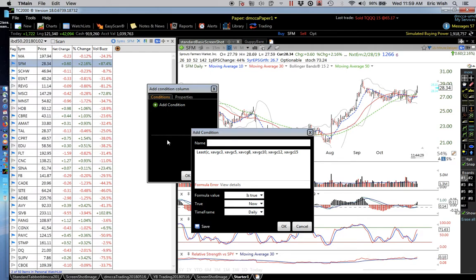Okay, so those are all different values, and we want the least of those values, the smallest of those values, and we want that to be greater than the greatest of the longer term moving averages.